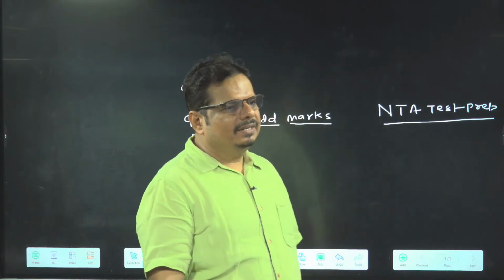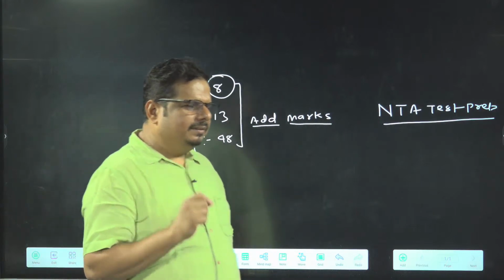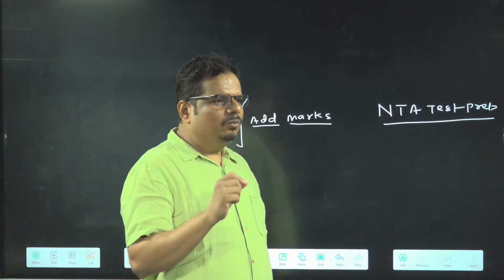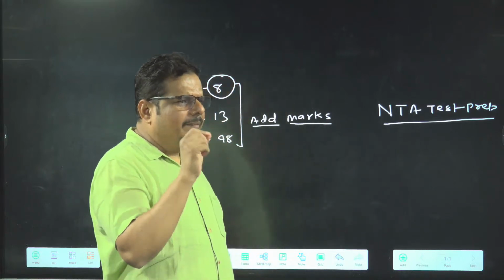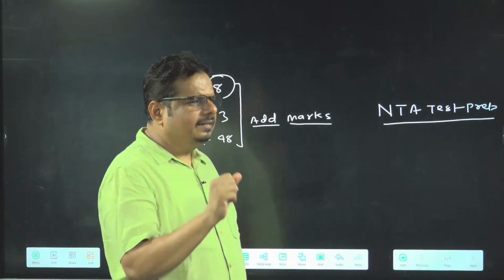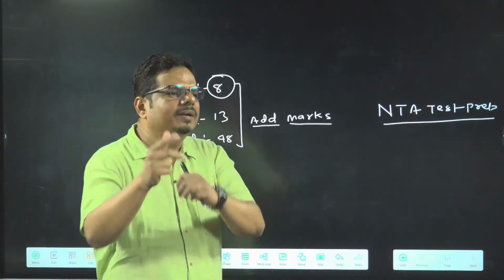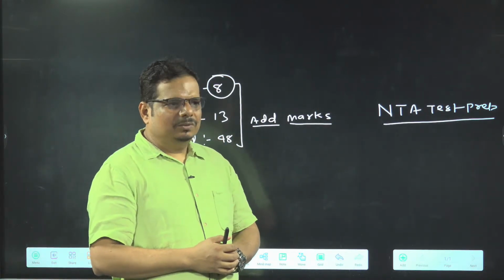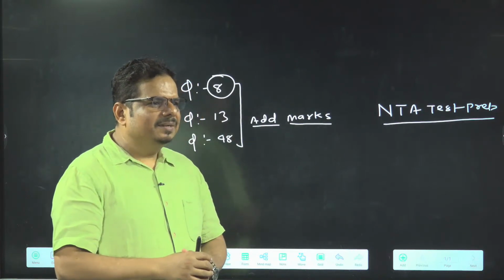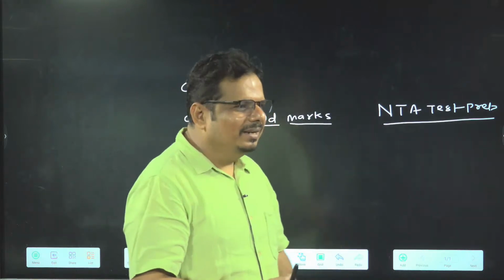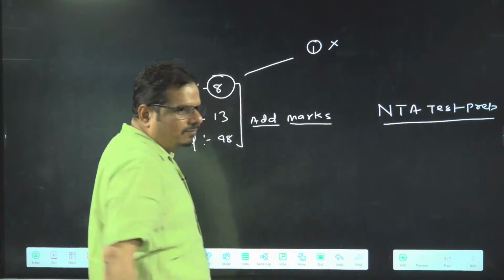If the paper is with you, you can open it. The option given was, primary root gives rise to radical, or it is written, primary root forms radical. It is incorrect. Actually, some mistake happened during typing. It should be formed from radical, but that did not come. Due to that reason it became add marks. The radical forms the primary root; the primary root does not form the radical. So in the 8th question, the first option was wrong.